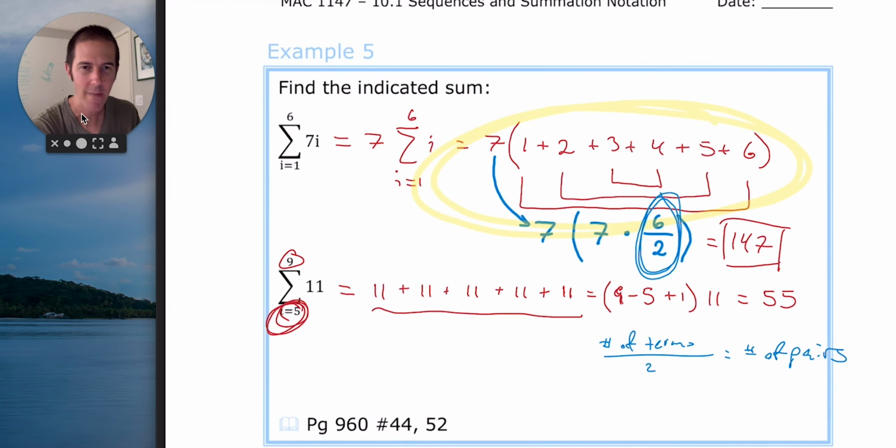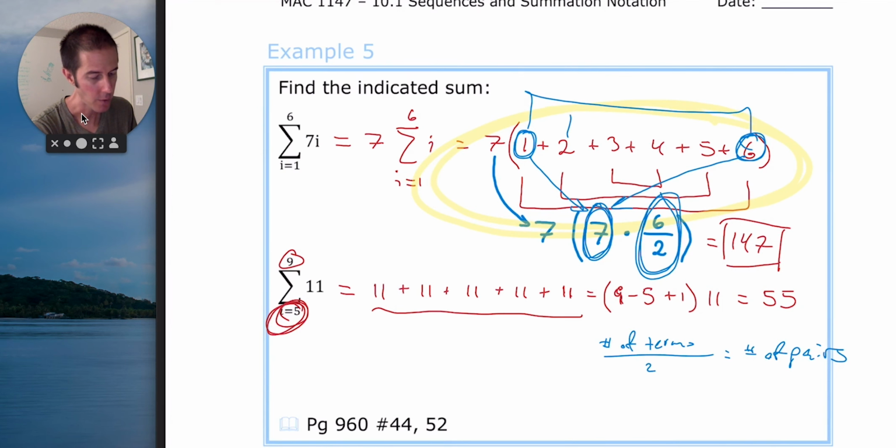Okay, and then there was this number, the 7, inside my parentheses. Where did that 7 come from? That was my first term plus my last term. That gave me my pair value, the value of each pair. Remember we said 1 plus 6 is 7, and 2 plus 5 is 7, and 3 plus 4 is 7. Those were the values of each pair. Leave that in there.